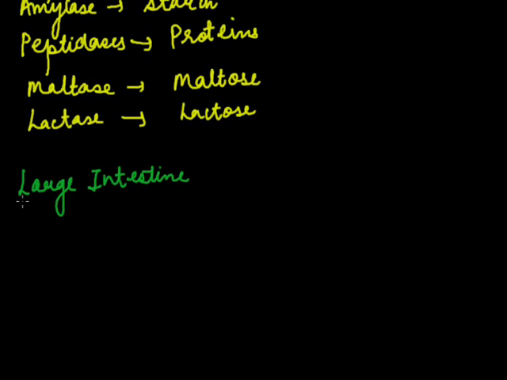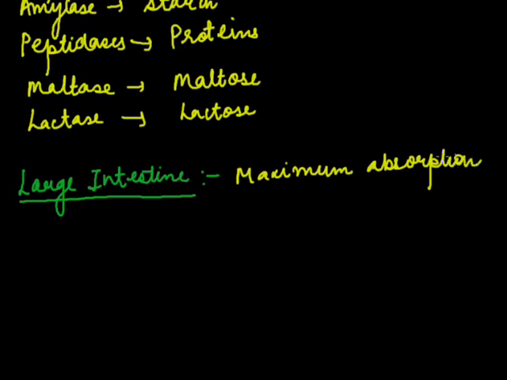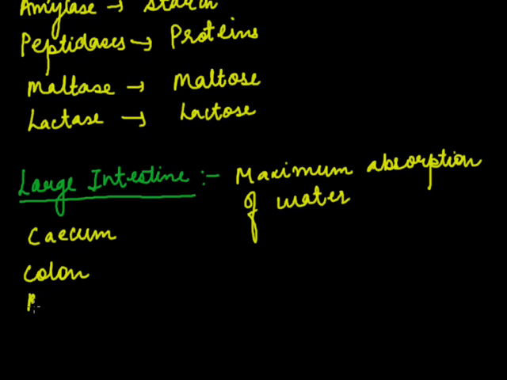Then it enters into the large intestine. In the large intestine, there is maximum absorption of water. We have discussed earlier that the large intestine is divided into cecum, colon and rectum, right?